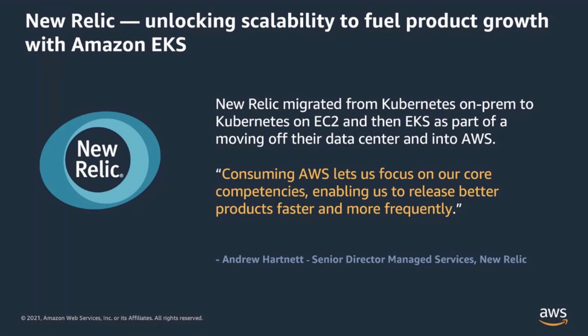And right now, they are nicely set up to meet the demands of their growing customer base. Not having to self-manage Kubernetes saves the New Relic ops team over 10% of its time. This allows the team to focus on its core competencies. They release products faster, improve the user experience, and overall create more value for their end customers.